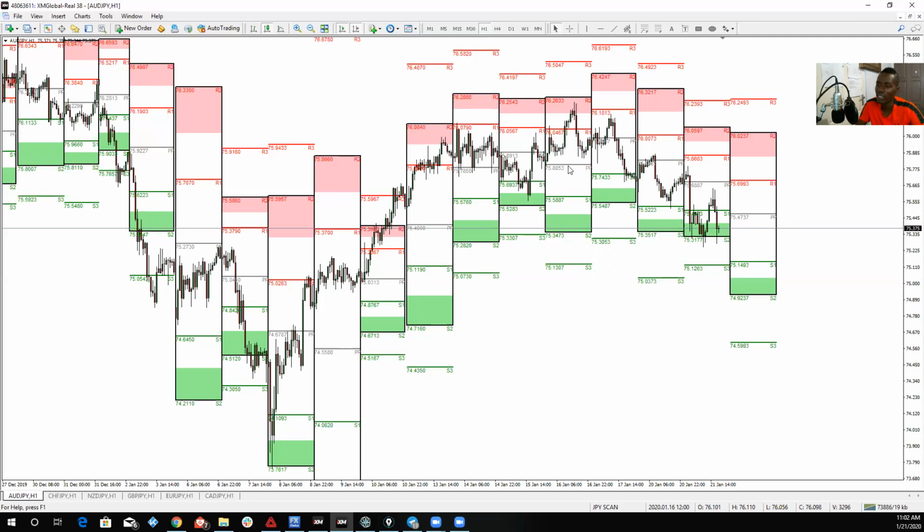With that said, I know where I would want to get involved in the market, what price I would like to get involved at tomorrow, next week, next month. But this is the day pivot that I'm using right now.